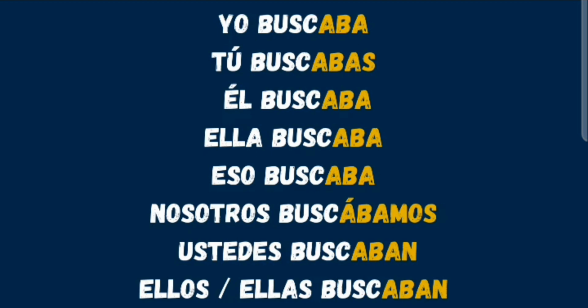In this case, with the personal pronoun I, yo, in the imperfect past you add -aba: buscaba. That will be the ending of your verb. So to conjugate buscar in the imperfect past, you say yo buscaba.